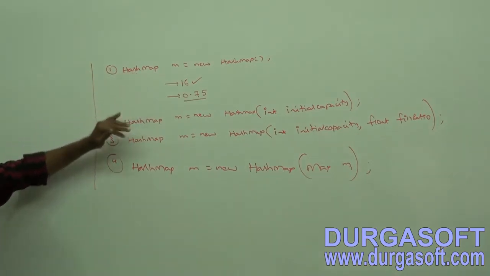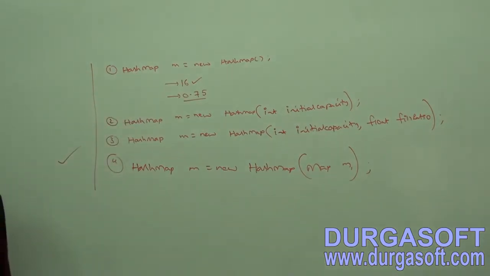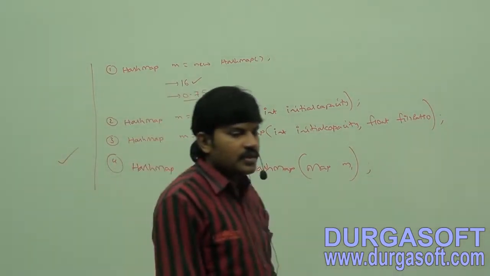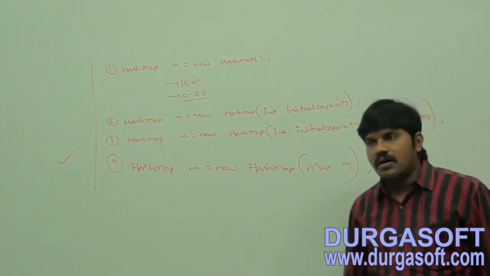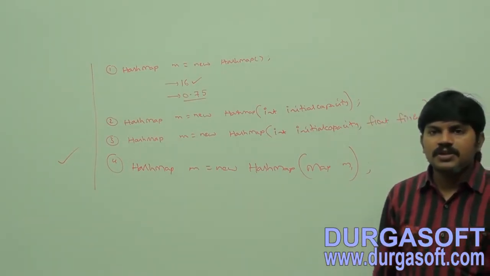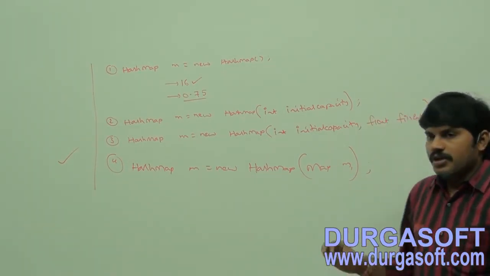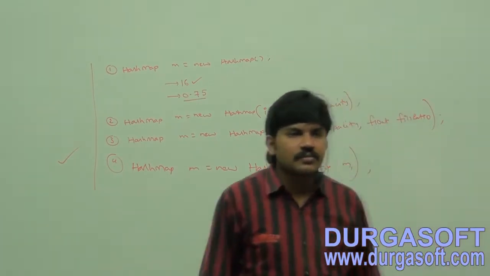Next, second one: HashMap m = new HashMap of int initial capacity.